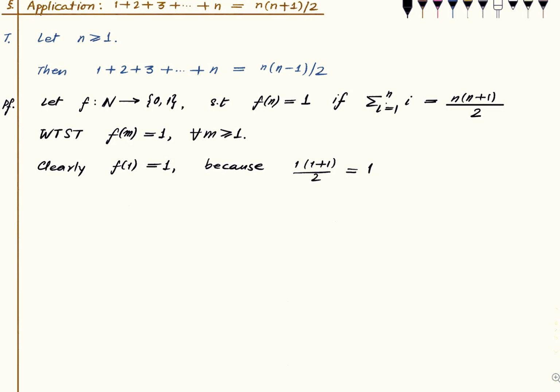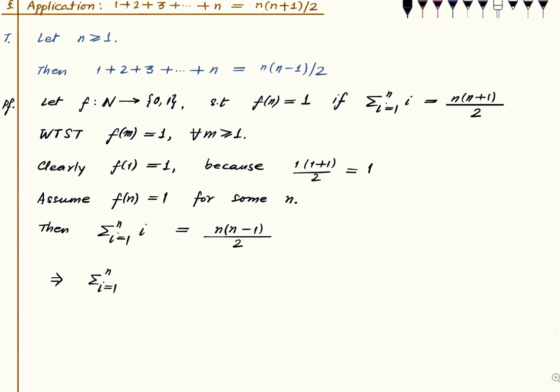Now suppose we assume this is true for some n, f(n) equals 1 for some n. Then we have this, which implies this thing plus n plus 1, again I've made a mistake, this is n plus 1, so this is equal to n(n+1)/2 plus n plus 1, which, if you just do the algebra, you'll get that.